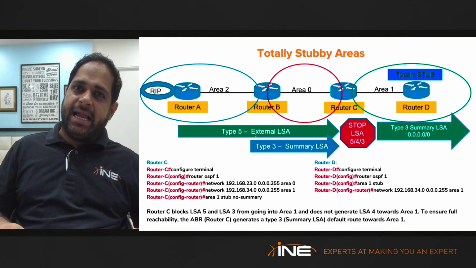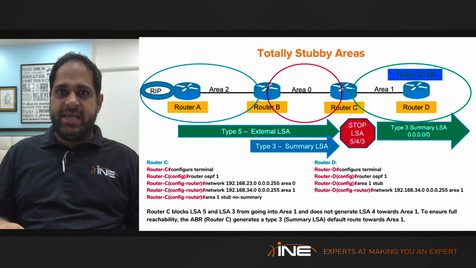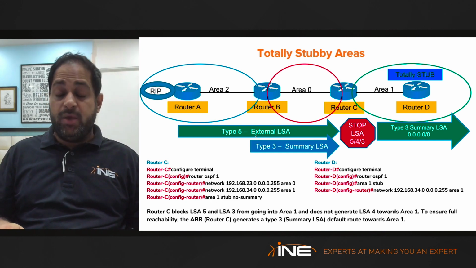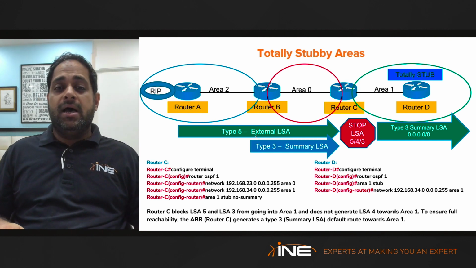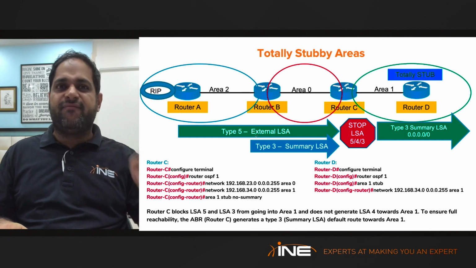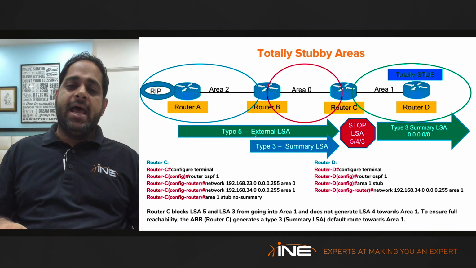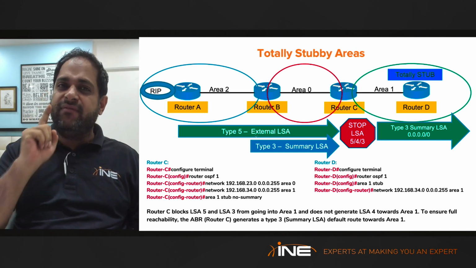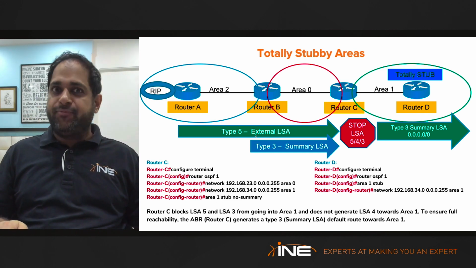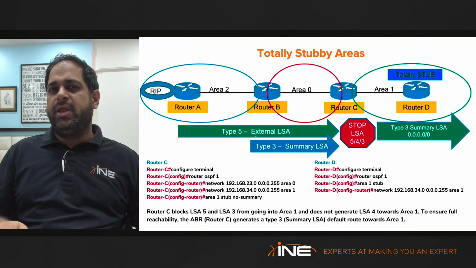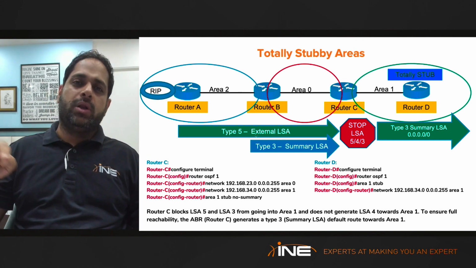So let's say a type 5 LSA was coming from the ASBR and a type 3 LSA was coming from router B, which is the ABR. Router C, as per the diagram, would block 5, 4, and 3, and instead he would send one default route, which would be a type 3 default route, summary LSA. So only one type 3 is allowed in the totally stubby area.